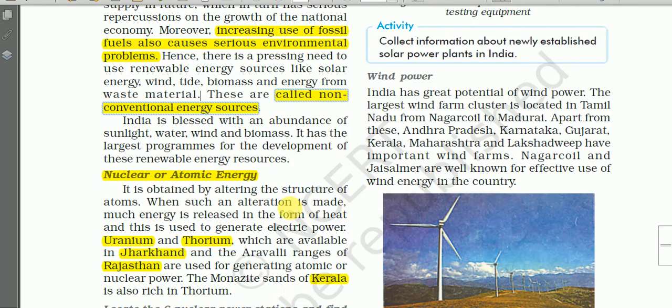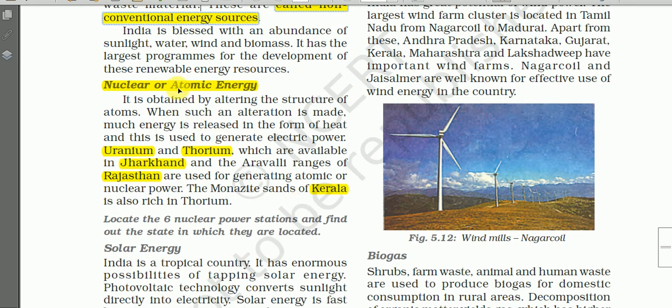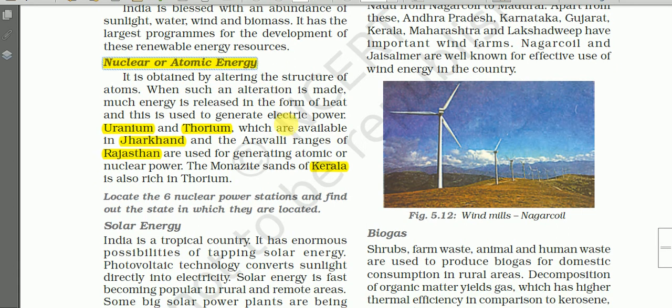Now let us take up this one. This will be the last topic: nuclear or atomic energy. This nuclear energy is obtained by altering the structure of atoms.